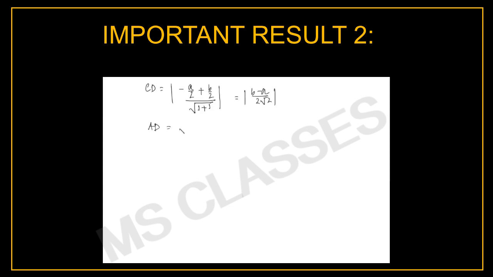Length of AD is under root of AC1 square minus C1D square, because we have taken the center as C1. So this is a square by 4 plus b square by 4 minus c, minus CD square, that is ((b minus a) by 2 root 2) whole square.